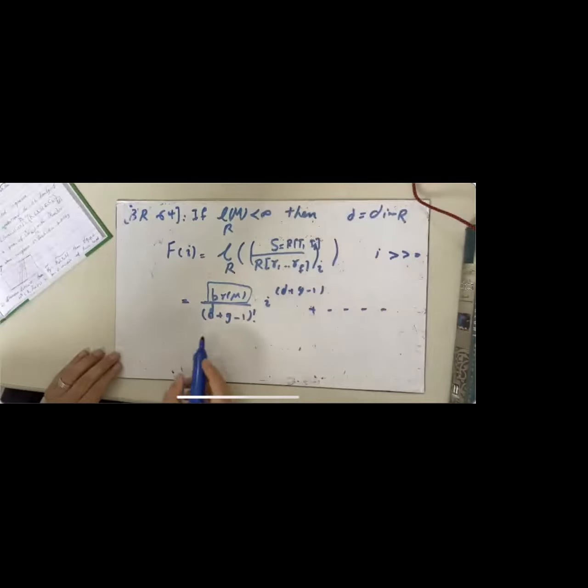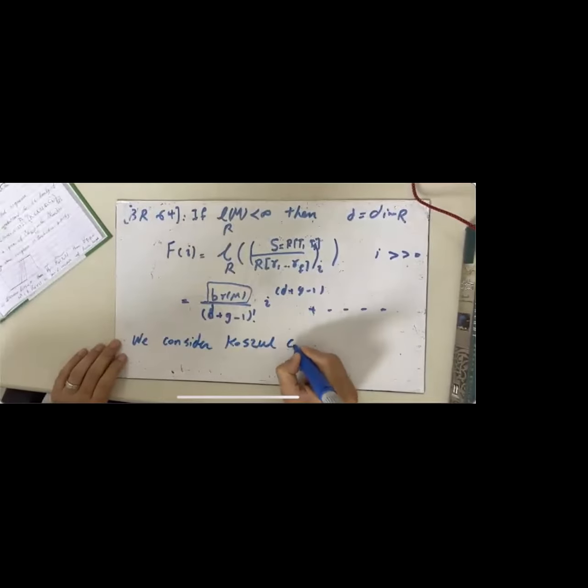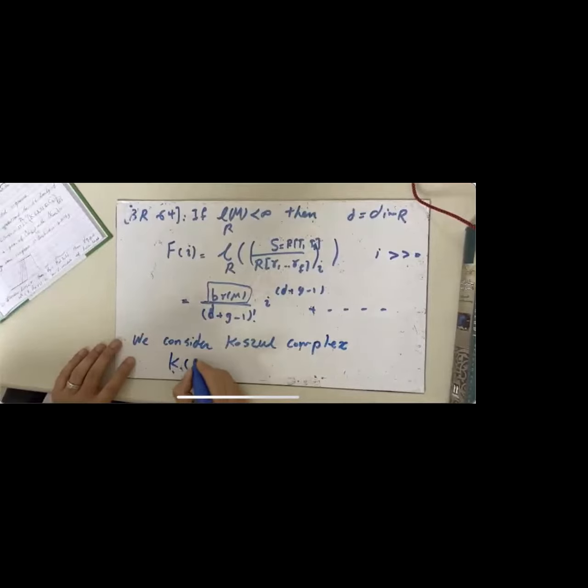So I would say that we want to explain this in terms of Koszul homology. What would be the candidate for the Koszul complex? We consider the Koszul complex K of gamma itself.